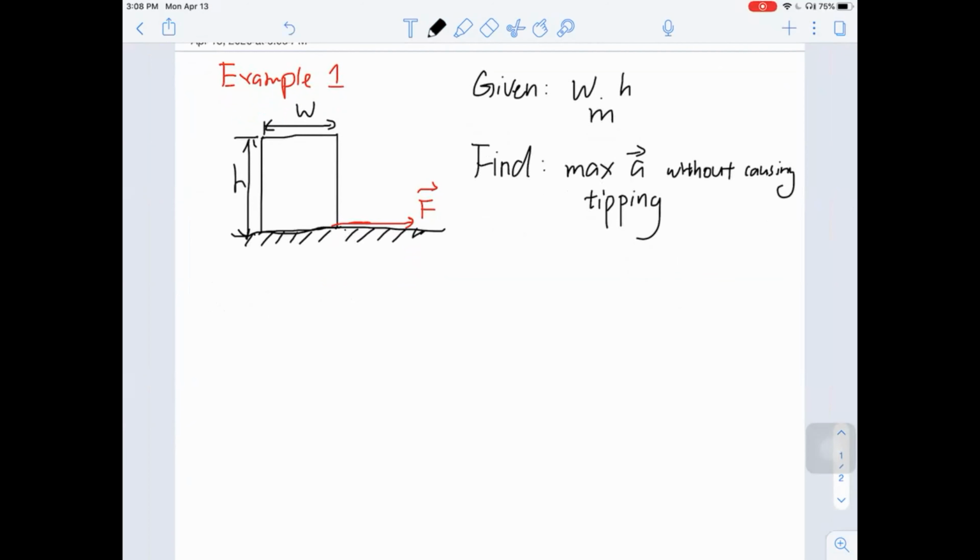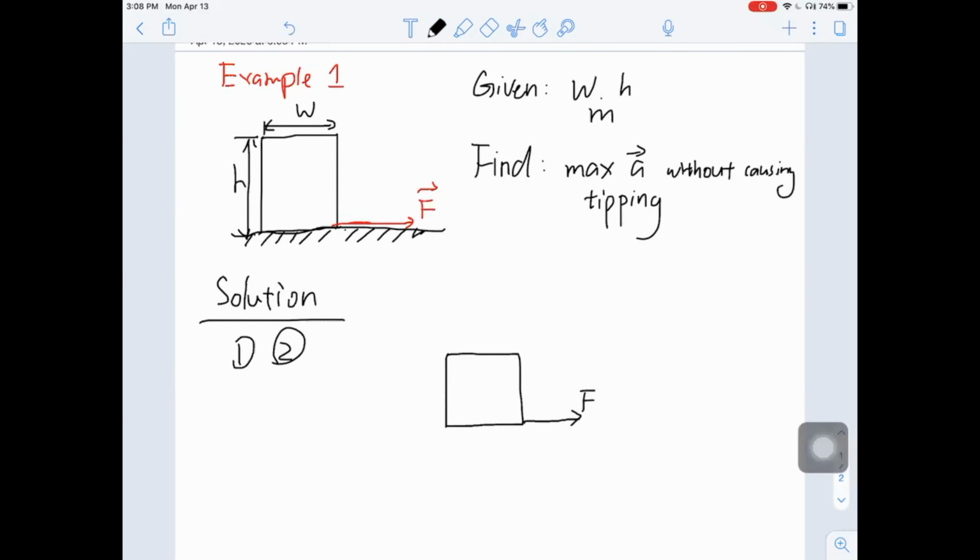Okay, let's use the 6-step approach we learned last Wednesday. Steps 1 and 2: free body diagram. This is our box. For the free body diagram, we have the force F. I don't change the position where F is applied, because the position the force is applied matters in this chapter.